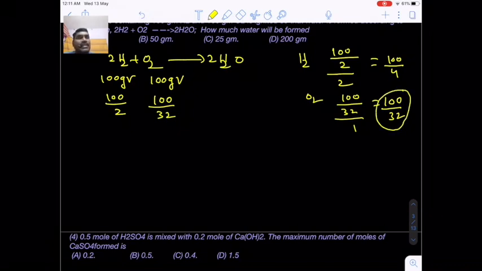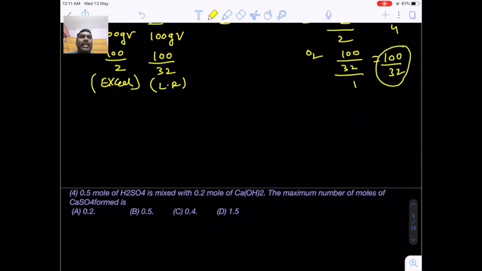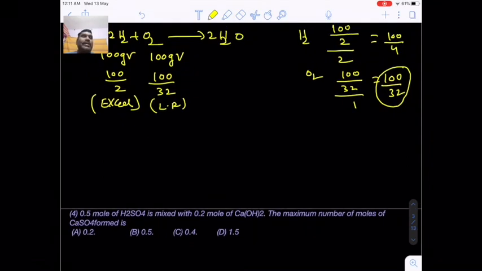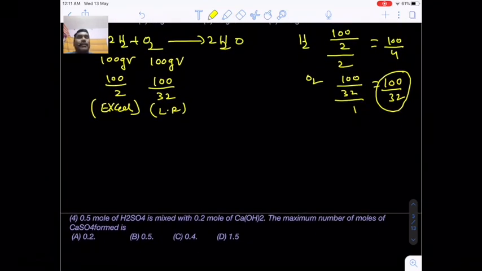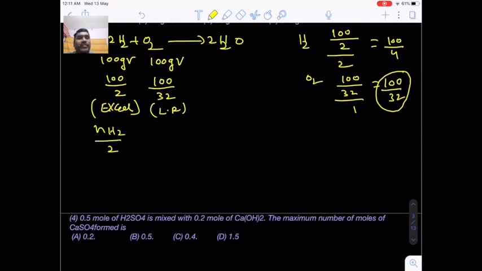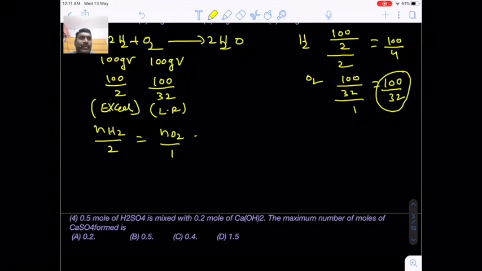That means this is the limiting reagent and the other is the excess reagent. Are you getting my point? Now we have to compare the number of moles of water with respect to the number of moles of oxygen. Number of moles of hydrogen by stoichiometry 2, oxygen by stoichiometry 1, water by stoichiometry 2.